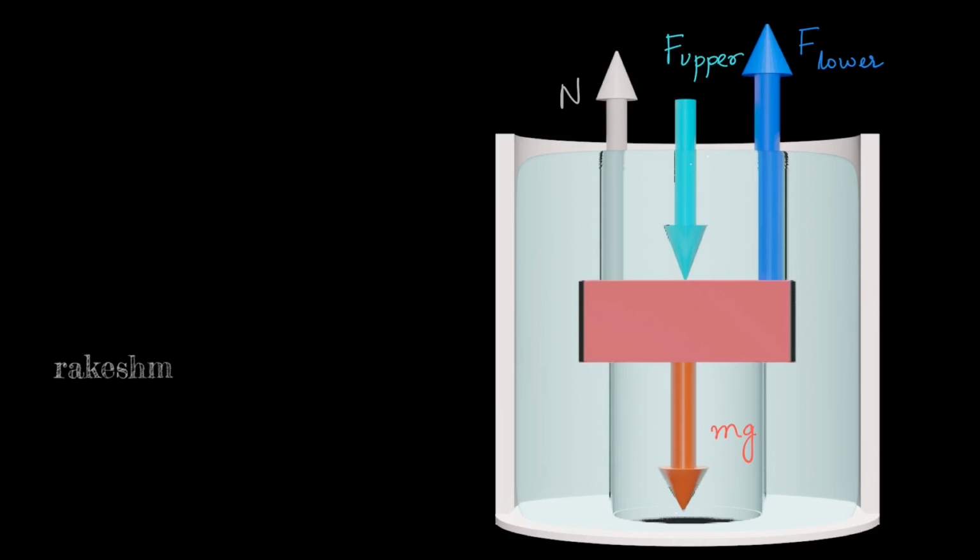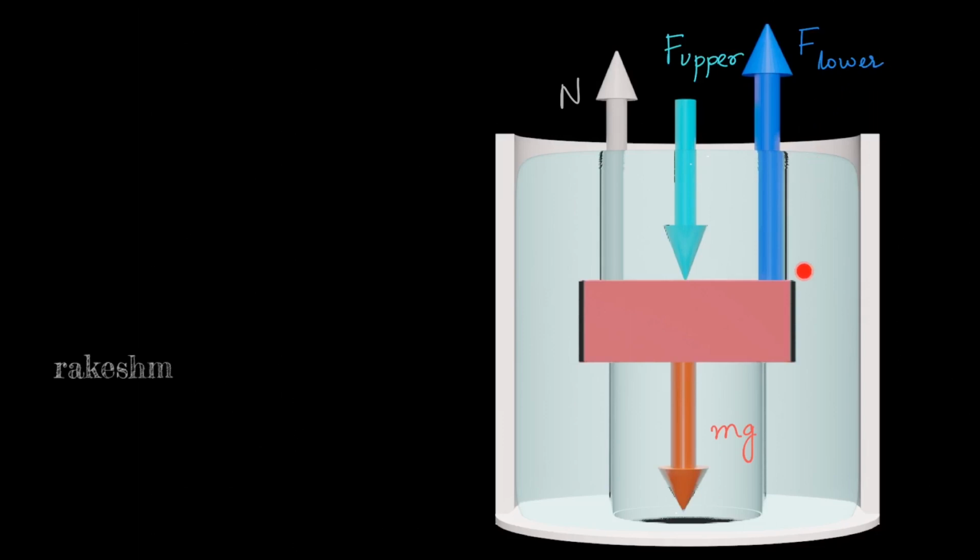One important point here: when a body is immersed in a liquid, the total force due to the liquid on the body is the buoyant force. But in this case, we can see that there is no liquid in this spacing. That is why we are not directly writing the buoyant force. We are writing the force exerted by the liquid on the lower surface and on the upper surface.